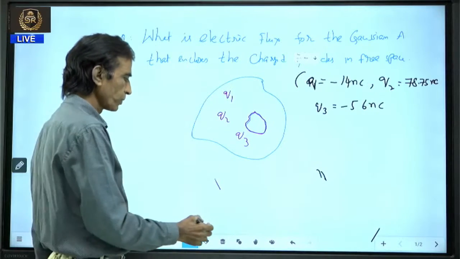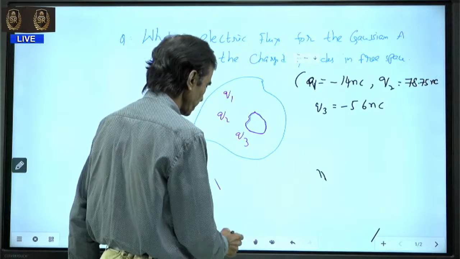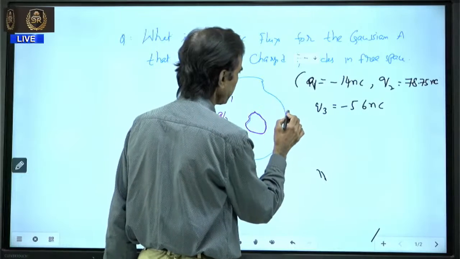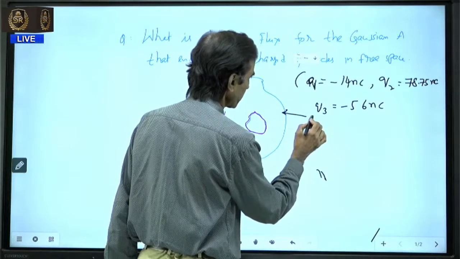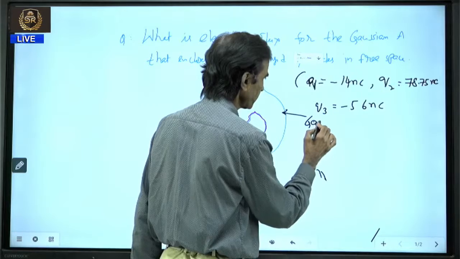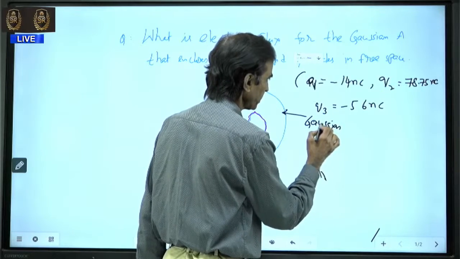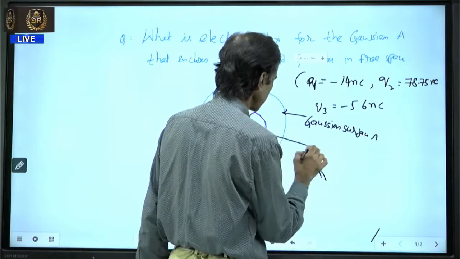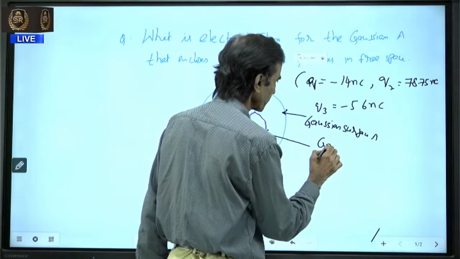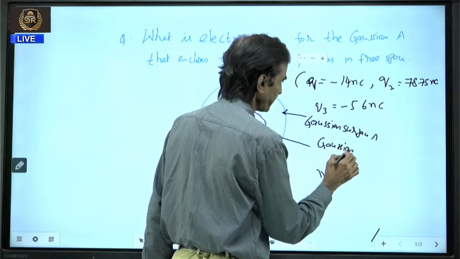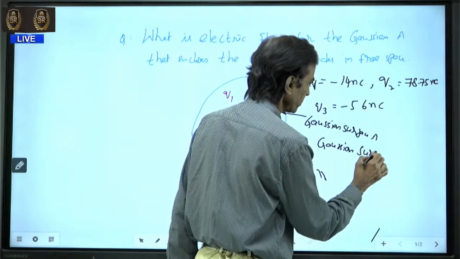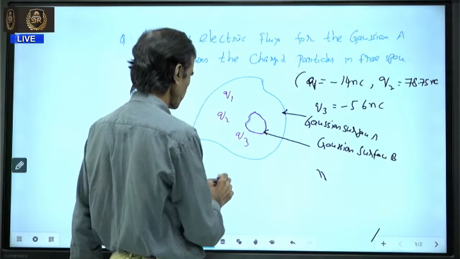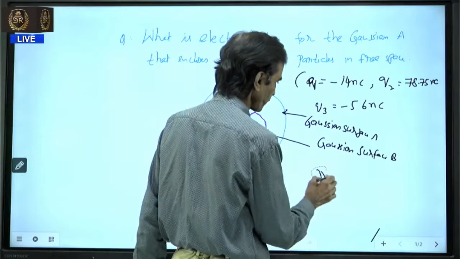Right. Now see here. This is Gaussian surface A, and next is Gaussian surface B.